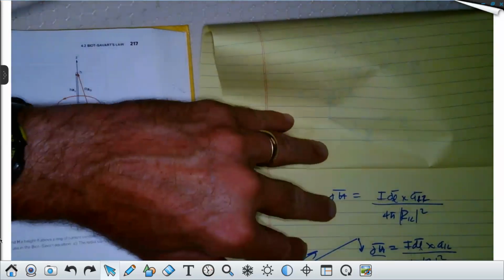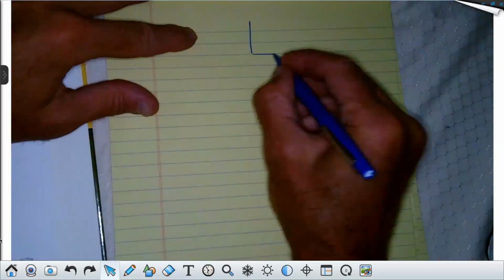So let's do this together. Now work with me, and then we'll finish up. This is on page 217, but I want to do it from scratch. You can look in the book if you want to. So this is the classic loop problem. And try to draw yourself a loop like this.